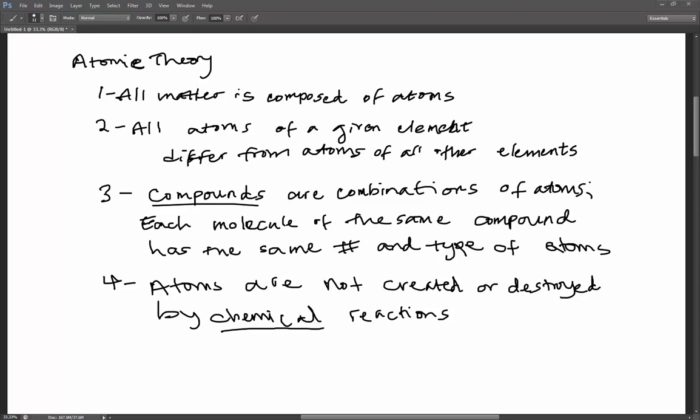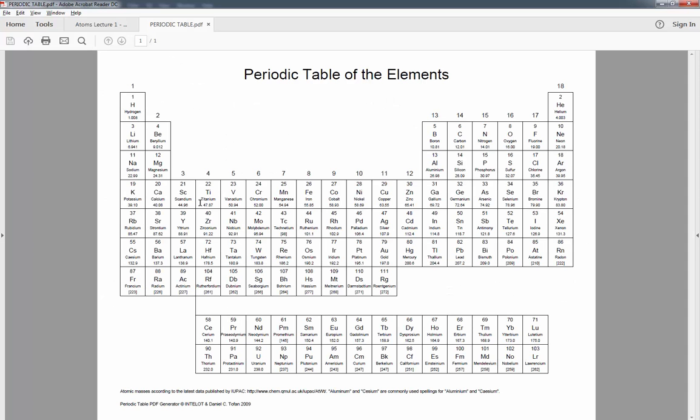So if you look at your periodic table in front of your book, or the periodic table that we use for the class, we'll see that there are a bunch of elements. You may recognize some of them more than others. This periodic table doesn't include these last six elements here.